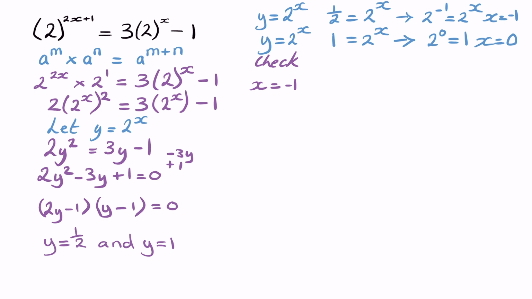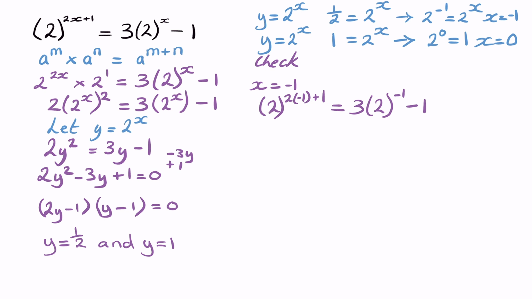Now let's go ahead and check the solutions. Where's our original equation? So when x equals negative 1, we have 2 to the power of 2 bracket, instead of the x, we're going to put the negative 1 there, plus 1 equals 3 multiplied by 2 to the power of negative 1, subtract 1. On the left-hand side, we have 2 multiplied by negative 1. That gives us negative 2 plus 1.